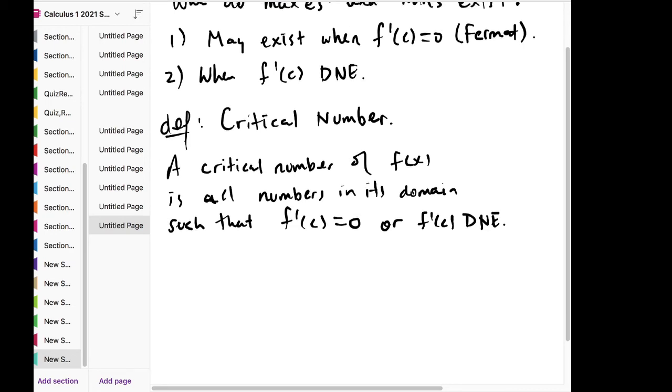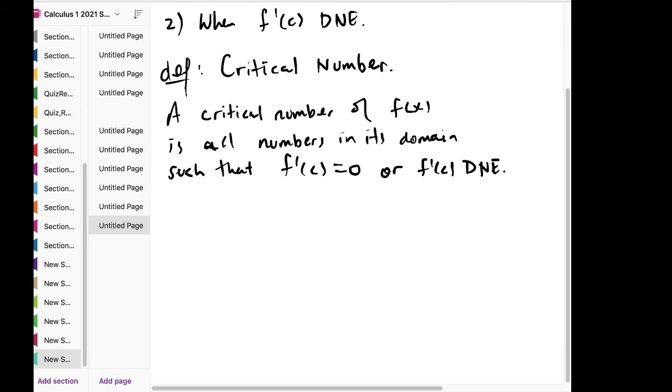So if you don't like the word critical number, I like to think of these as candidates for maxes and mins. Calling it a critical number is just giving it a special name, but all it is is candidates for max and min values of a function.